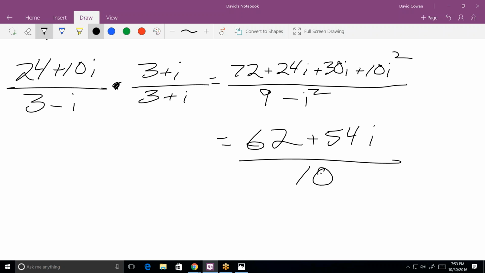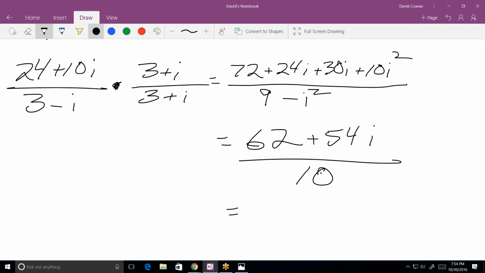Okay, now, can I simplify that? Yes. Anytime you have all even numbers, you can always divide by 2. I don't know if I can divide it by 4, but I know I can divide it by 2. Let's divide it by 2 and see what we got, and then we'll see whether it's fully reduced or not.